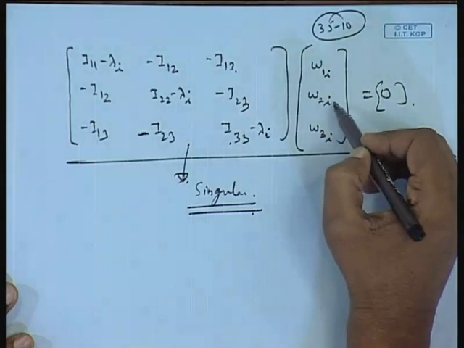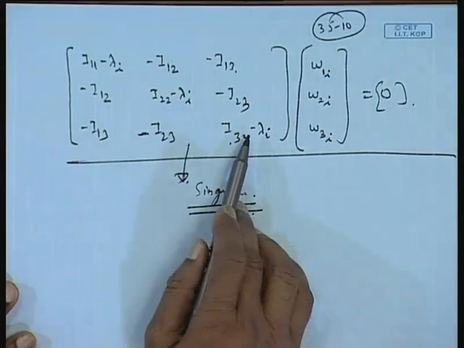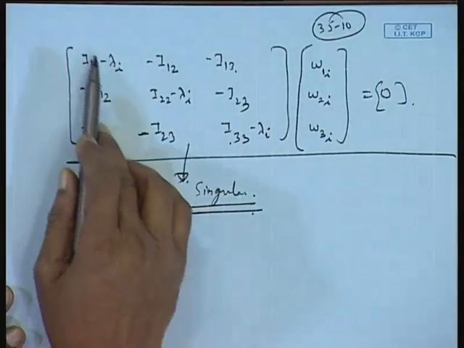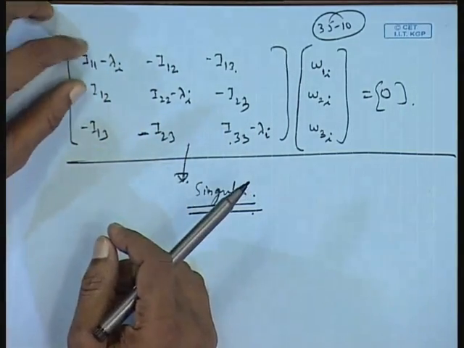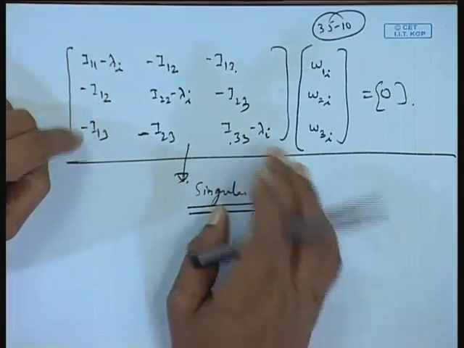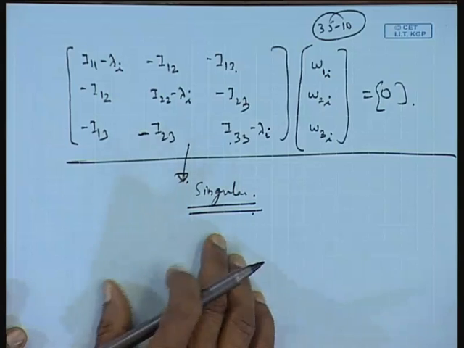Only 2 of them you can find, and the third is to be fixed, because the third equation will turn out to be a linear combination of the other 2. You can say in another way that these 2 can be combined to give you the third equation, the third line here. So, now this is the situation.